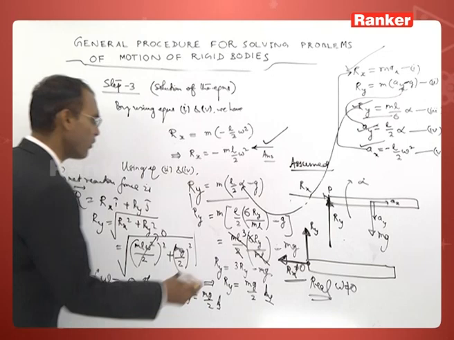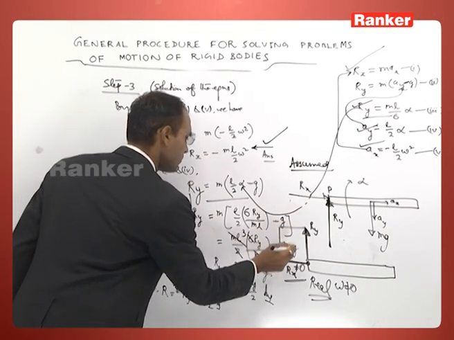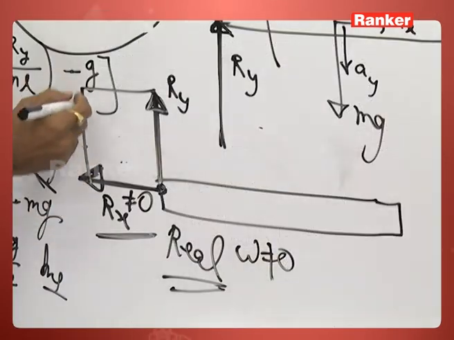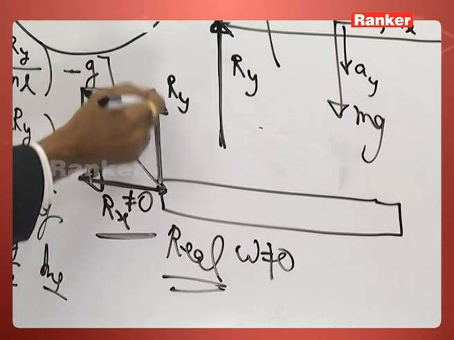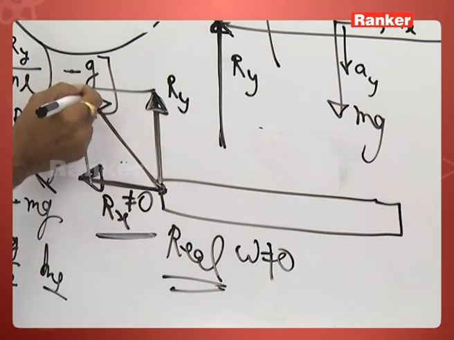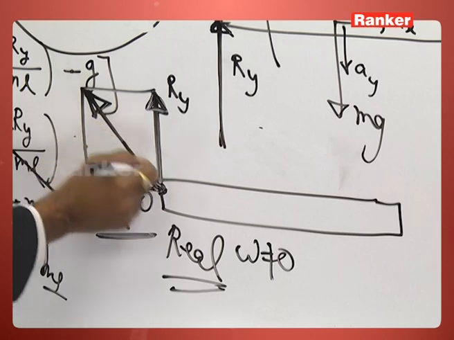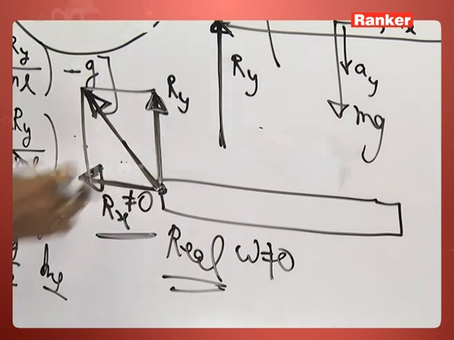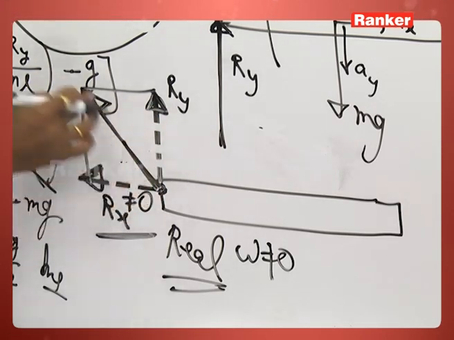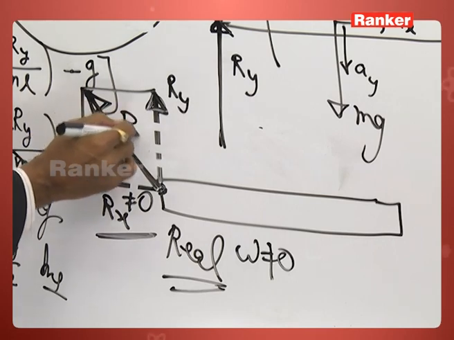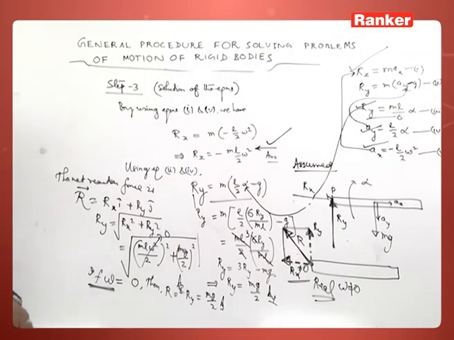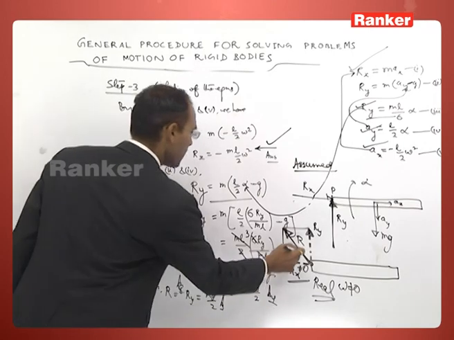So the net reaction force is the sum of these two reaction forces. This will be directed in this direction. These will be the components. This is the net reaction force. And of course, you can calculate this angle also.